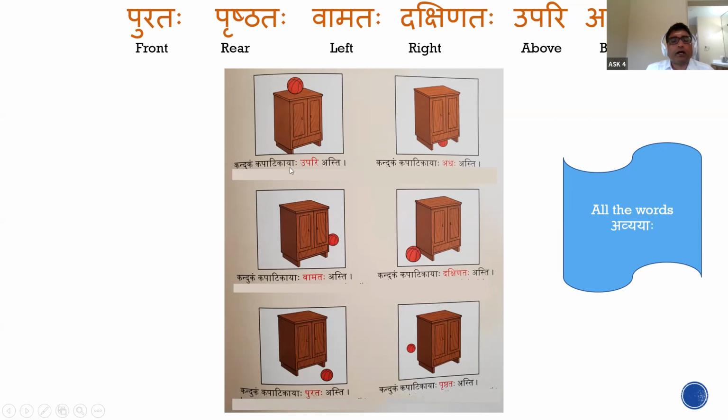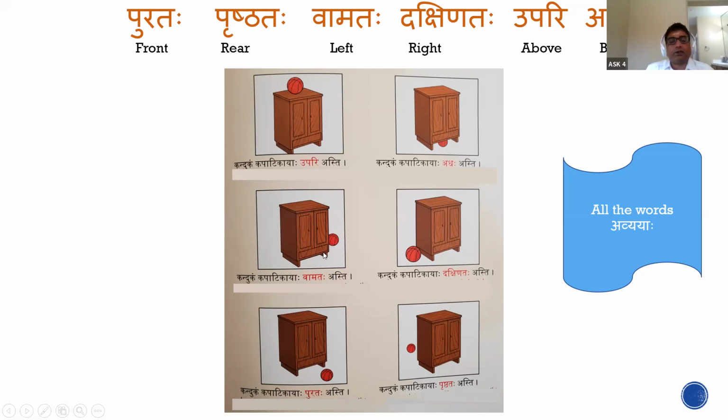Kandukam Kapatikayaha Upari Asti. Now see, it is below. This is Kapatika, cupboard. Kandukam Kapatikayaha Athaha Asti. These two you have to be a little careful, okay? Kandukam Kapatikayaha Vamataha Asti. If you take Kapatika, it is Vamataha.